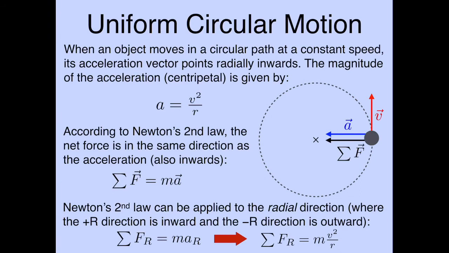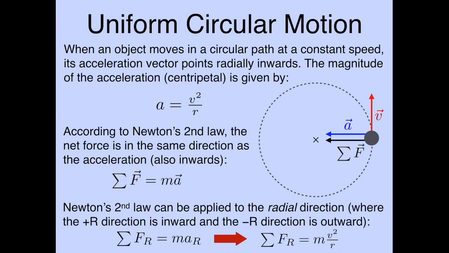And because the velocity is constantly changing direction, you do have acceleration. There is a changing velocity after all. So rather than derive the formula here, I'm just going to tell you the result. You get something called centripetal acceleration, okay? And the magnitude of that acceleration is given by v squared divided by r. So v is the speed of the object, and r is the radius of the circle it's moving in. So v squared over r gives you the magnitude of the acceleration. By the way, we call it centripetal acceleration because it points inwards, okay?